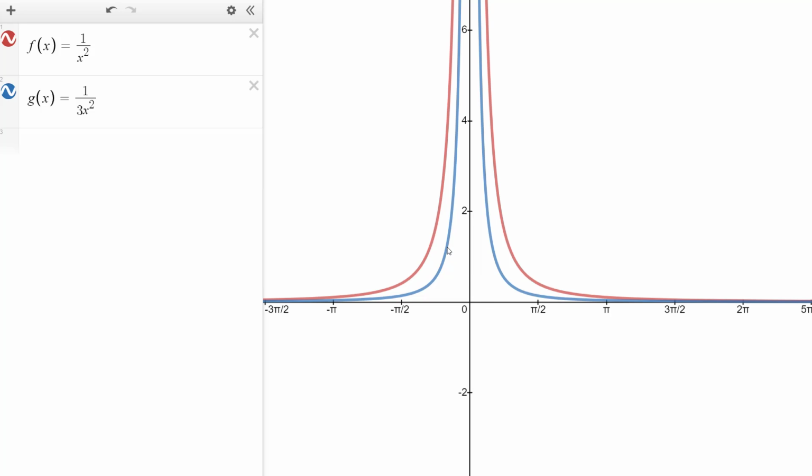And you could easily see, yeah, they're the same graph. It's just the blue graph is 1/3. All the y values are just a little bit below. So for example, at -0.99, I have 1.02 as my output on the original function, but now it's 0.34 on the new function. So they're just 1/3 the values.